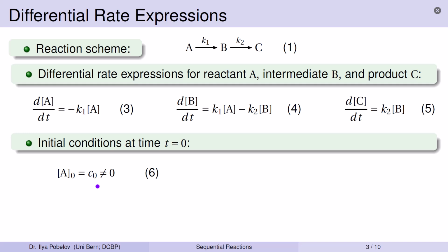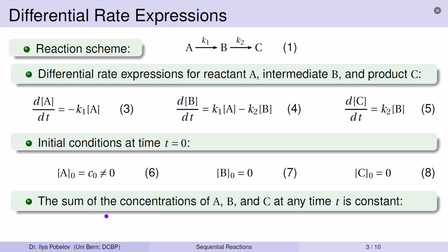We assume that only the reactant A is present initially with a non-zero initial concentration that we denote as C0. The initial concentration of the intermediate and product, in this case B and C, is therefore 0.